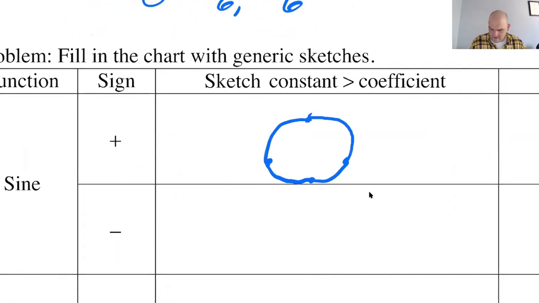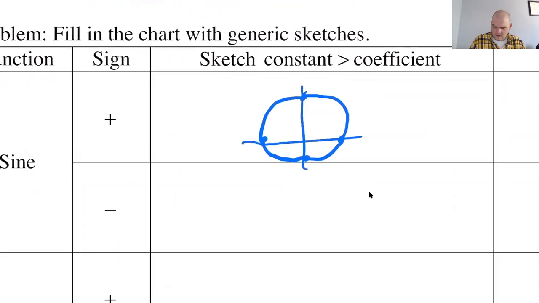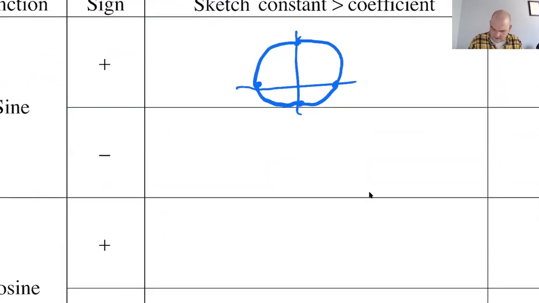Not great, but it kind of shows it. And then here, let's switch it up. You're going to start here, go here, go here, go here. So the order is really important.